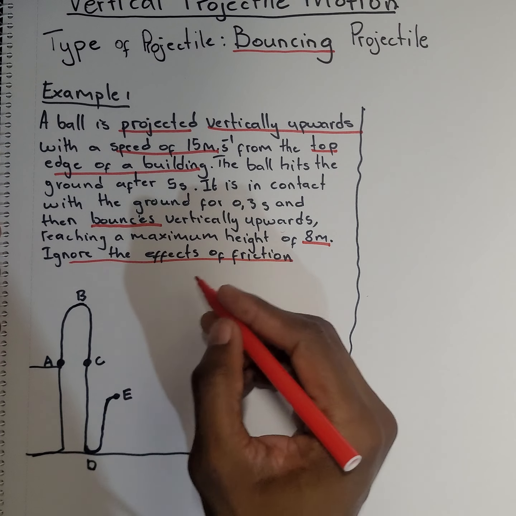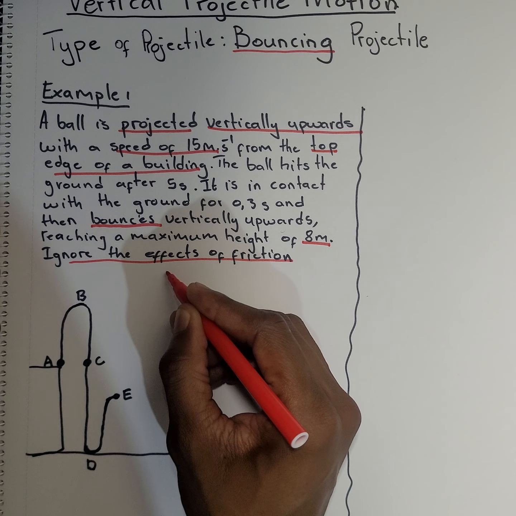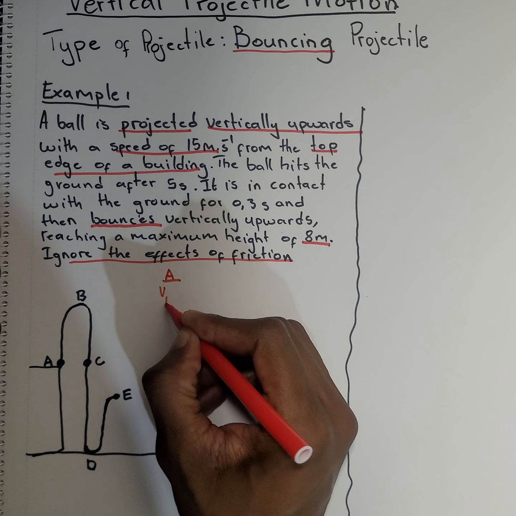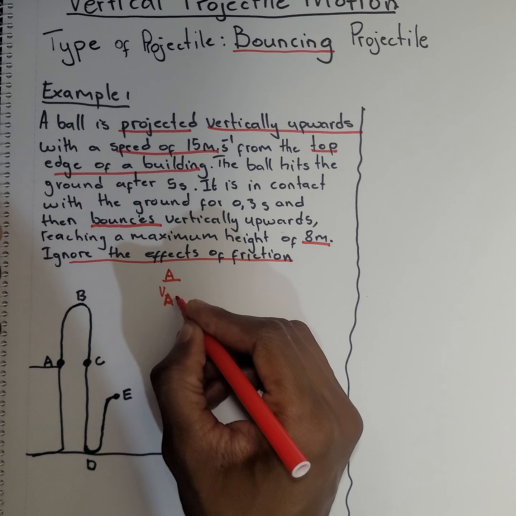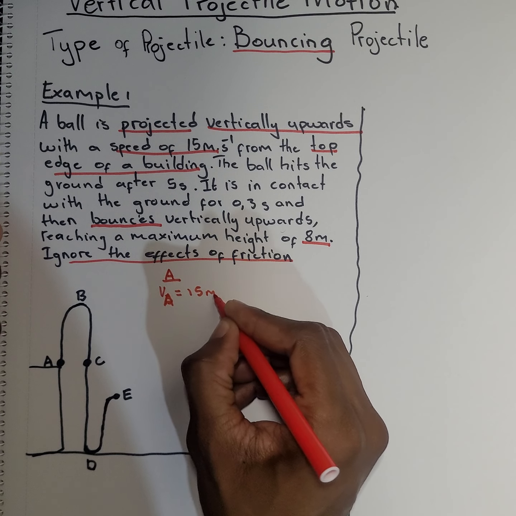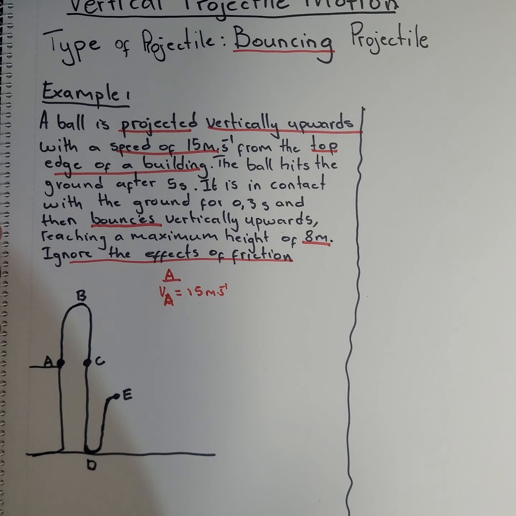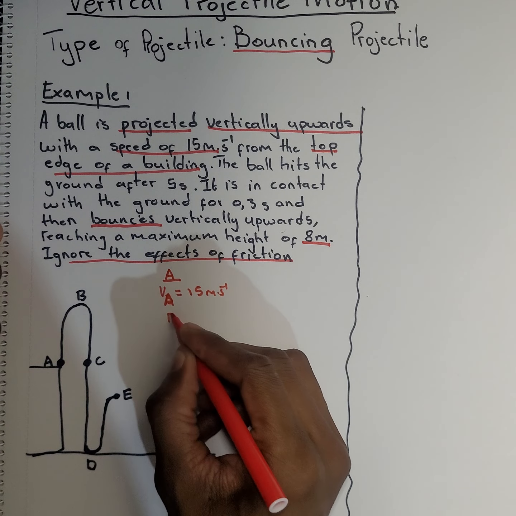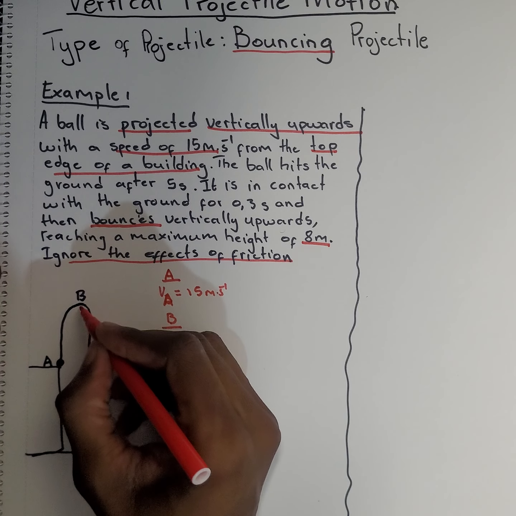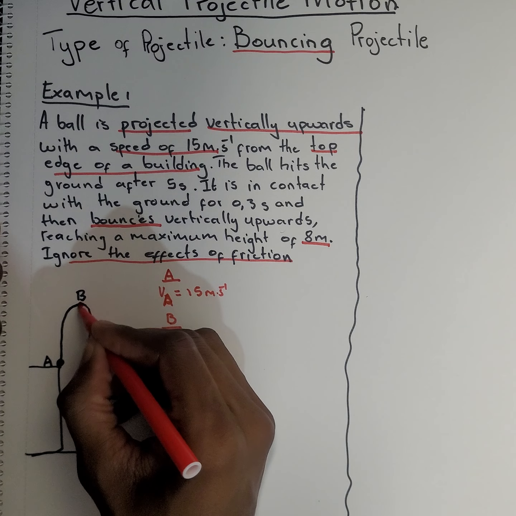We'll say that the velocity at A, we know it, is 15 meters per second. Then we can talk about the velocity at B, which is our maximum height.